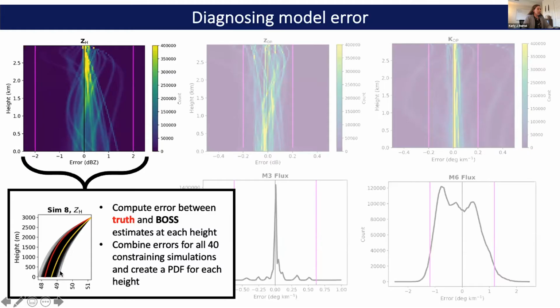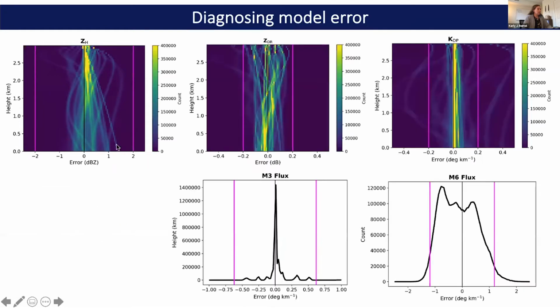Then we can combine those error estimates for all 40 of our constraining simulations to create giant PDFs at each height, where the PDF within this heat map is represented by the color. For example, for ZH at the top of the column here, we have really bright colors centered on 0. So this suggests we have a very constrained PDF centered at 0.